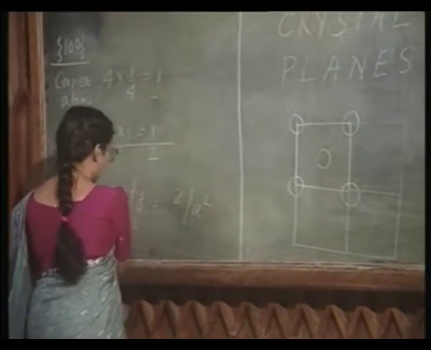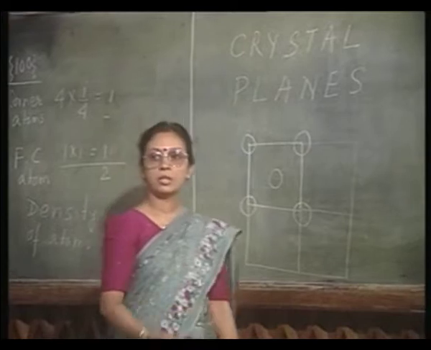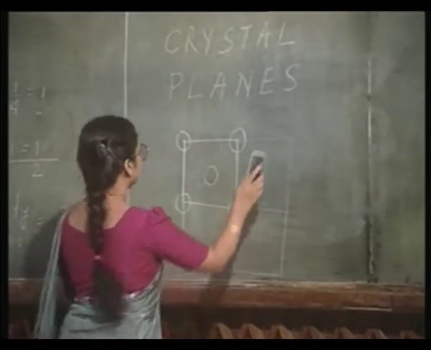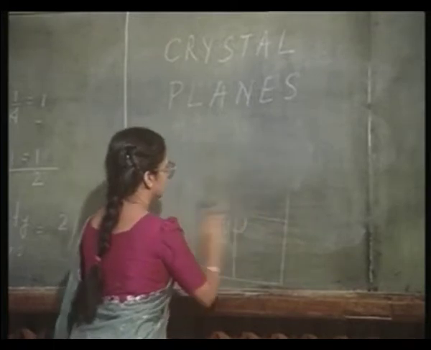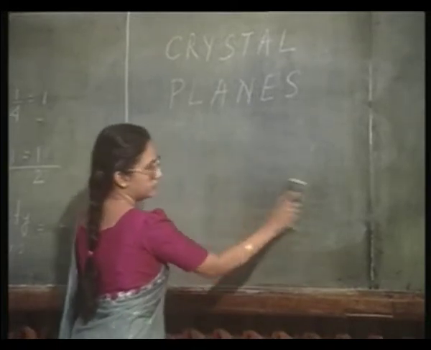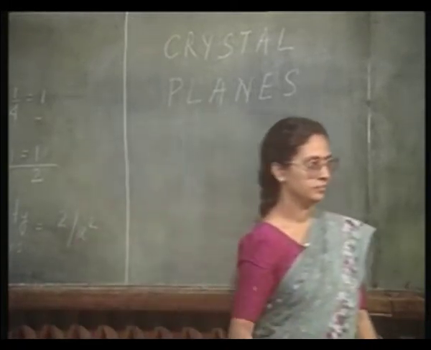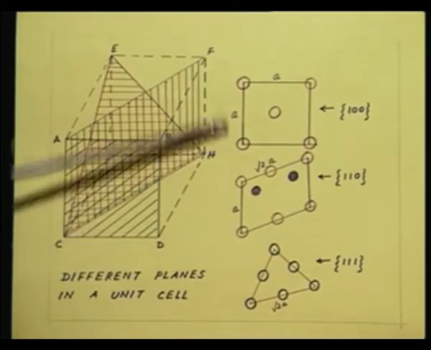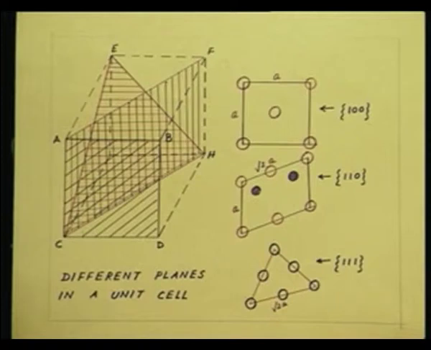Let us now think about the 1 1 0 plane. You can also see it here. This is the 1 1 0 plane. In fact, it might be clearer if you look at the model.